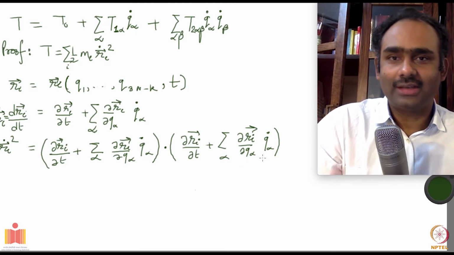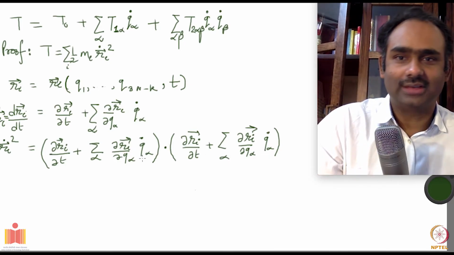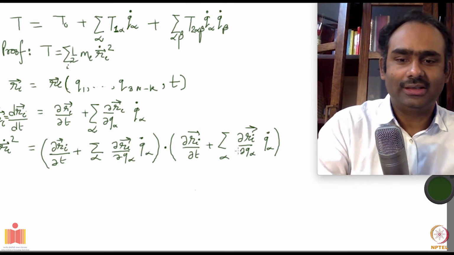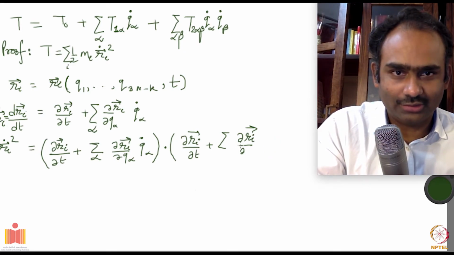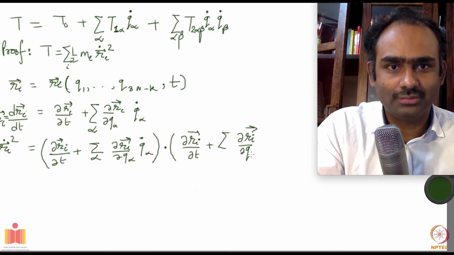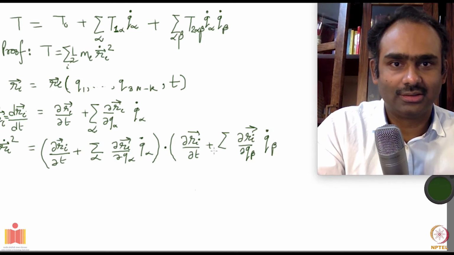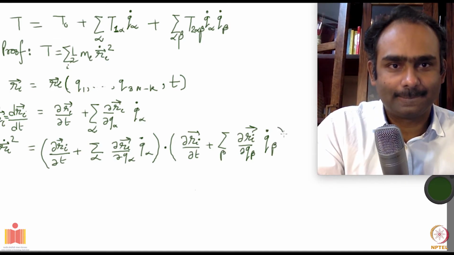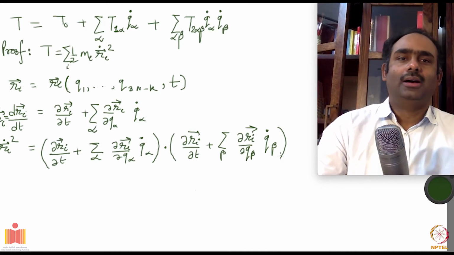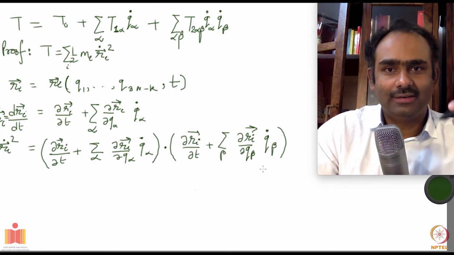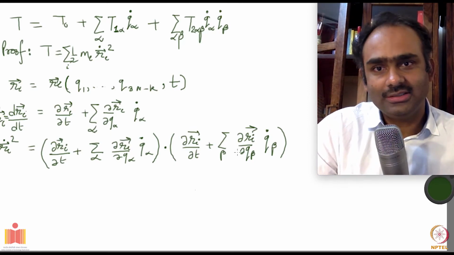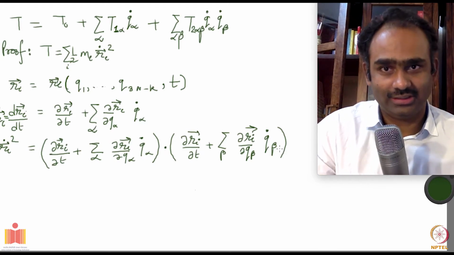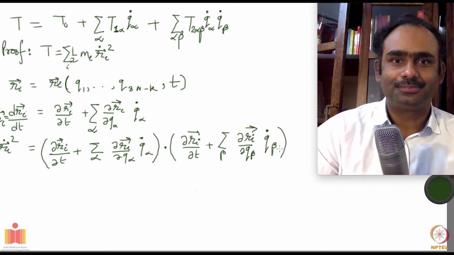I should be very careful and not use the same index on both sides. So it will be wiser to change alpha to beta: q beta, q dot beta. I leave it to you to figure out what the problem would be if I use alpha in this piece and alpha in here also. You should know why you'll get in trouble.